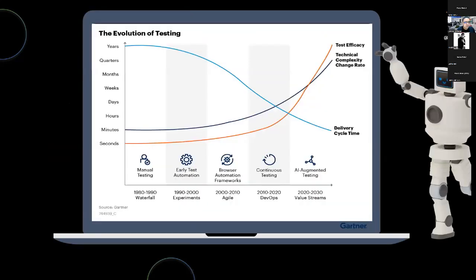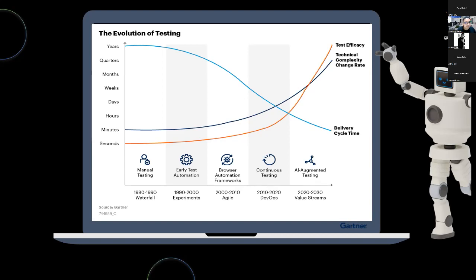So why are we talking about AI and demystifying its implications for testing? If you look at the Gartner stats, in the 1980s we started with manual testing, or experiential exploratory testing, and then slowly evolved to early test automation, then browser automation, and then continuous testing or DevOps, which started the wave in 2010.